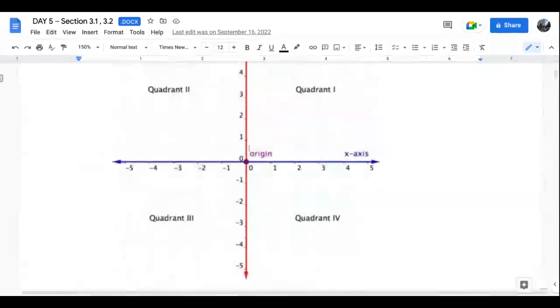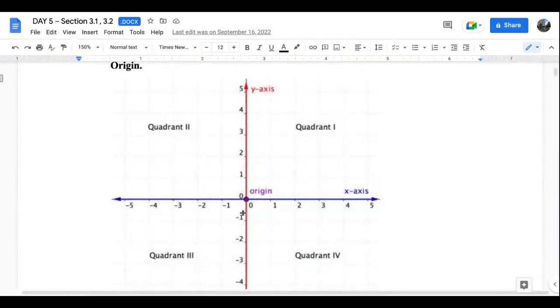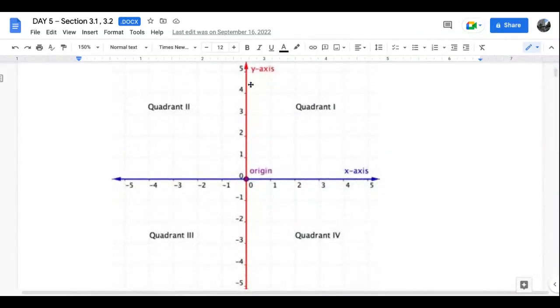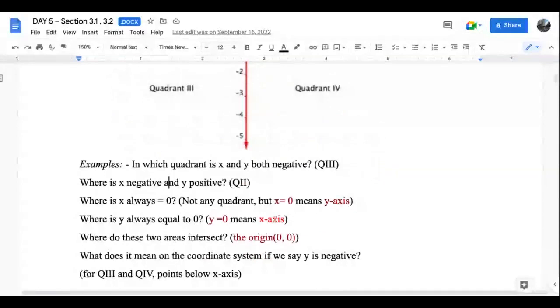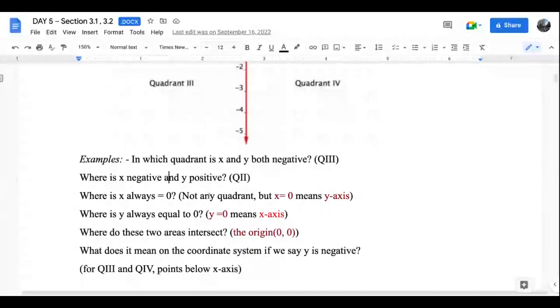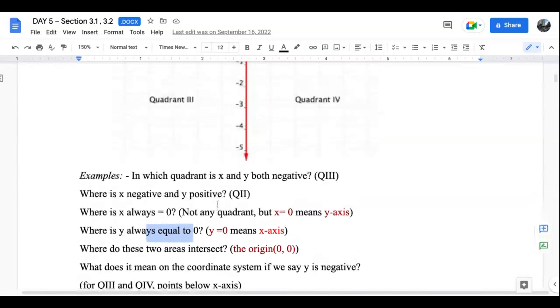Where is X always 0? The Y-axis, right? So all the points on the Y-axis have a value of X equals 0. So the Y-axis has another name, X equals 0 in the two-dimensional world. Where is Y always equal to 0?